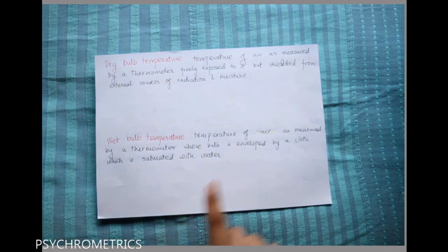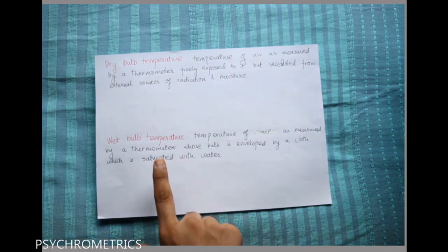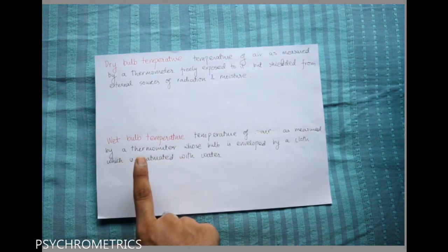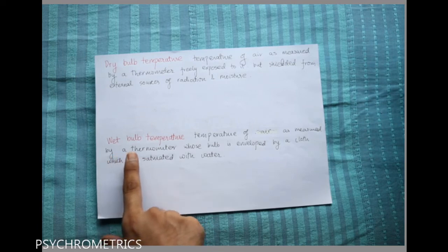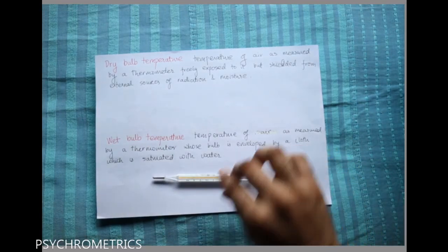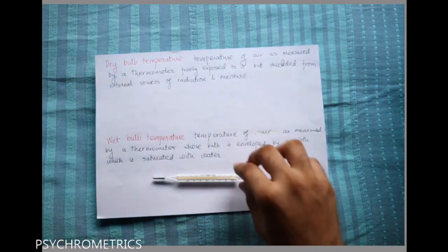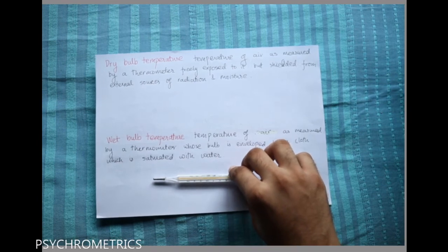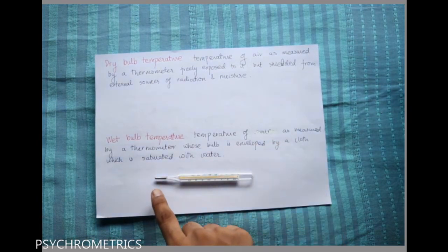Now that brings us to the next type of temperature measurement, which is called wet bulb temperature. What is wet bulb temperature? Basically, we take a normal thermometer and we surround its bulb with a wet cloth, which is saturated with water.